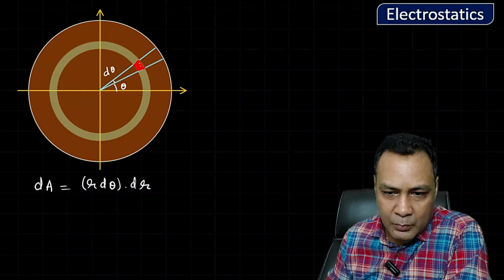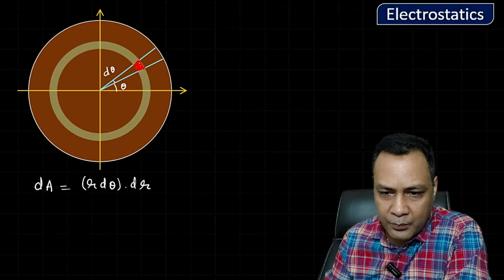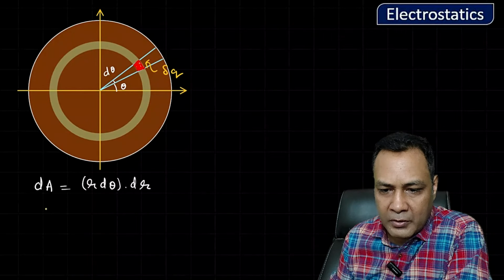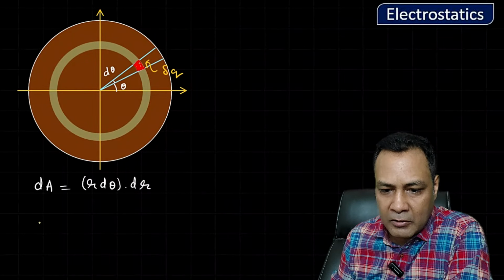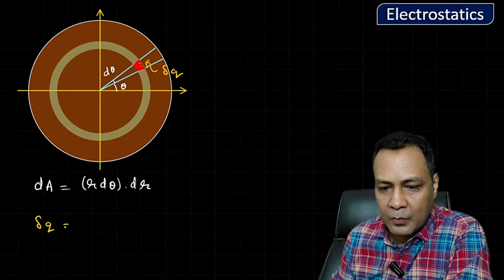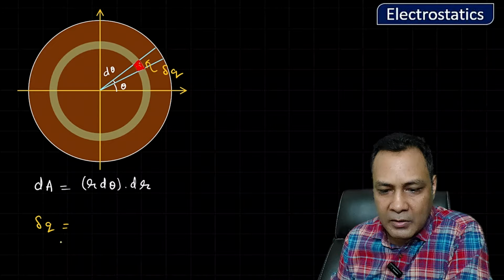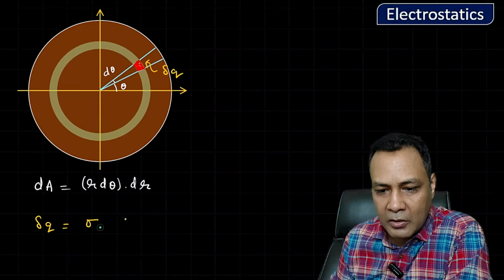And suppose this element has a charge, say del q. So this del q is the local charge density at this element, that is sigma into dA.